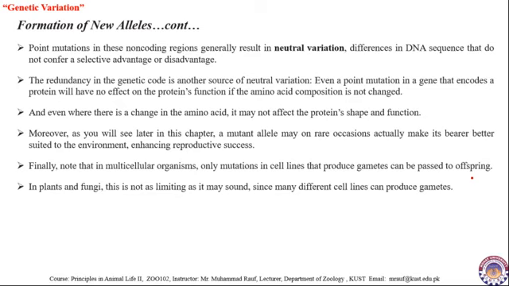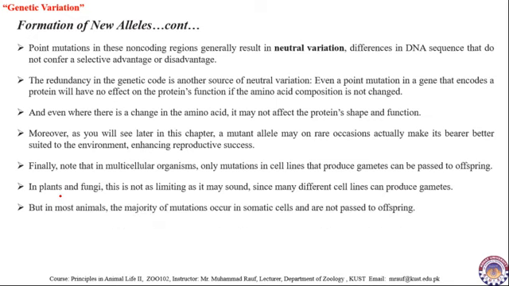In plants and fungi, this is not as limiting as it may sound, since many different cell lines can produce gametes. So in plants and fungi the situation is different, where cells from various portions of the body can develop into gametes. So this statement doesn't apply to these two groups of organisms. But in most animals, the majority of mutations occur in somatic cells and are not passed to offspring.